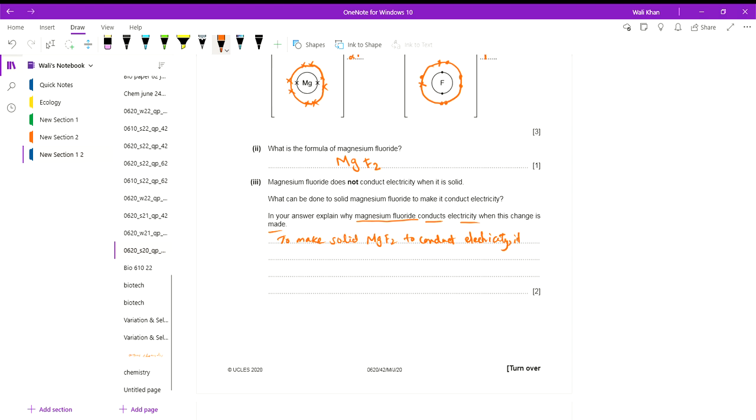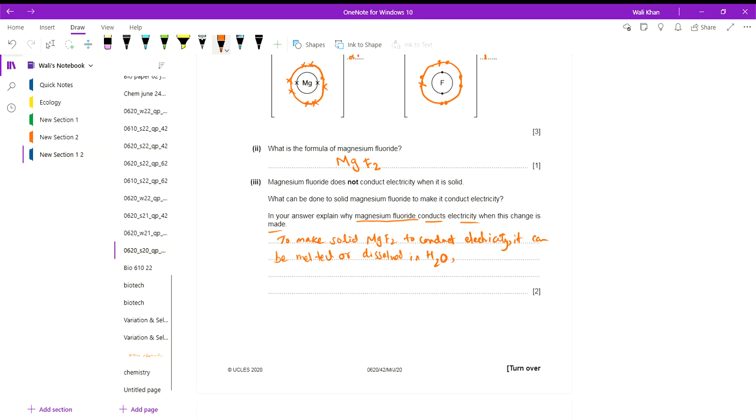So it can be melted or dissolved in water.